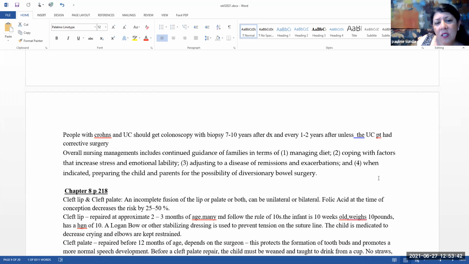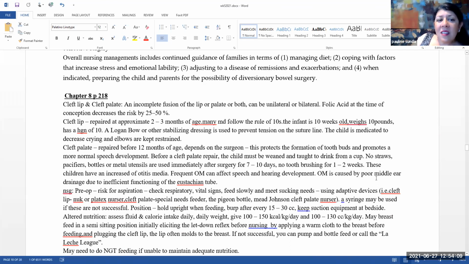Overall, nursing management includes continued guidance of the families in terms of managing their diet, coping with factors that increase stress and emotional lability, and adjusting to a disease that has remissions and exacerbations. When indicated, prepare the child and the parents for the possibility of diversionary bowel surgery.